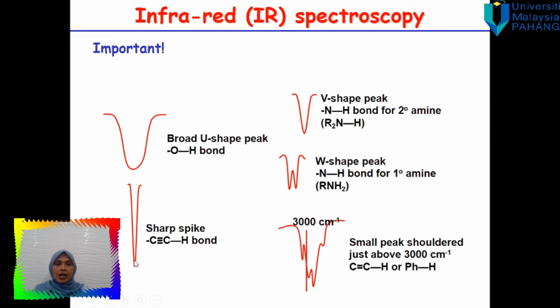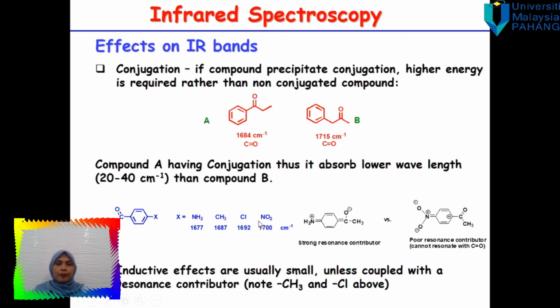When you see a sharp peak here, we know that C≡C appears, and V shape is for the N-H bond of amine, and W shape is for N-H of primary amine, and a small peak shoulder just above 3000 tells us that C=C-H or phenyl H sp2 is present. This is the type of band shape that is easily recognized in the FTIR.